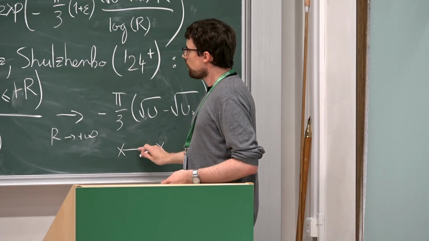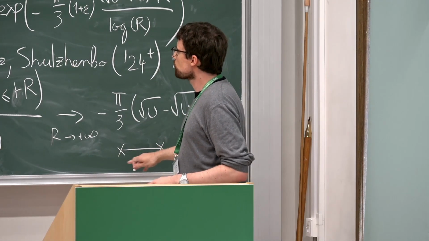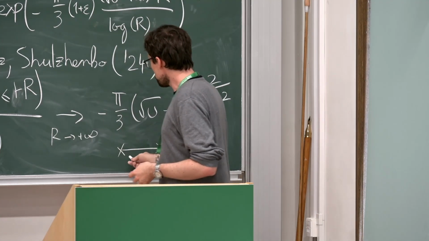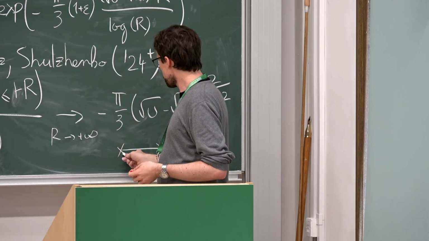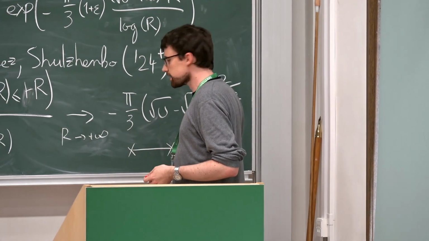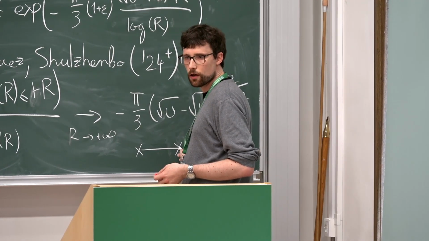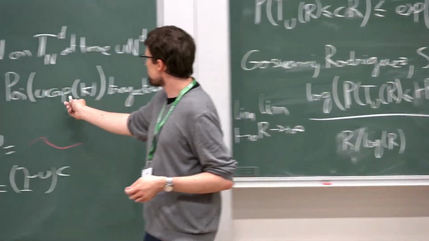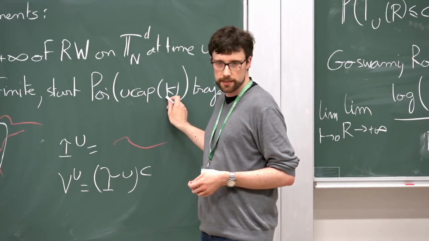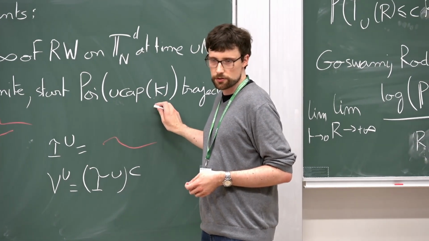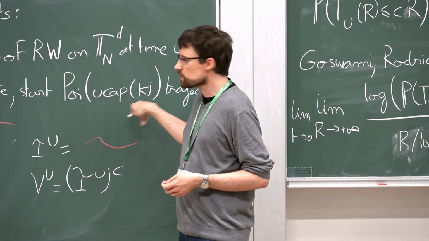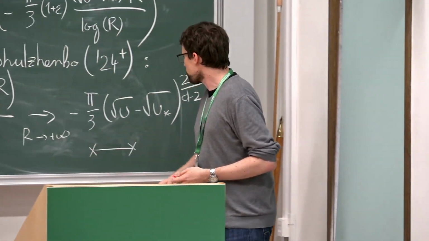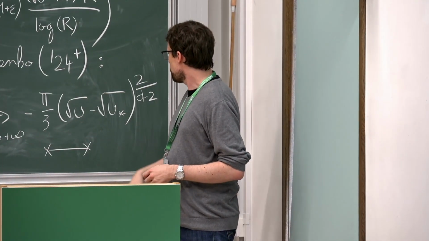If you want a lower bound, you say that you're trying to have your vacant set open along this line, and this will cost you, because of the definition of random interlacement, something linked to the capacity of that line. So the capacity of the line comes from this formula for the interlacement, and this is where the pi over 3 comes from.